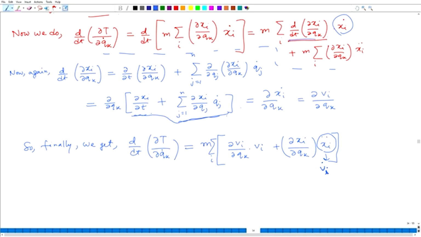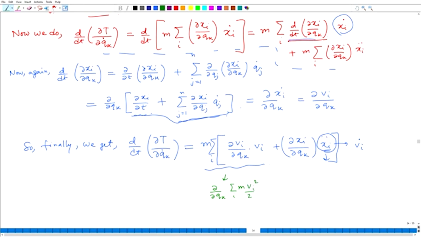Now I am going to do something. You see that all these things I can write as v_i dot, because these things are in Cartesian, that is very important. So now I will do something very interesting: I can recognize this one as nothing but ∂/∂q_k of summation over i m v_i squared by 2.